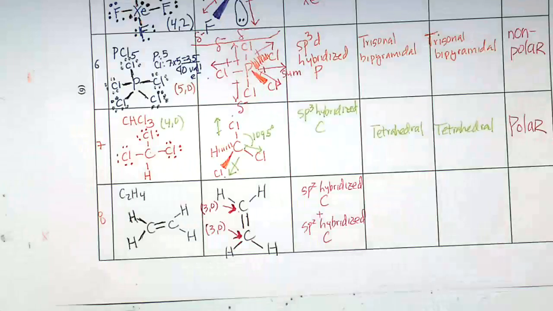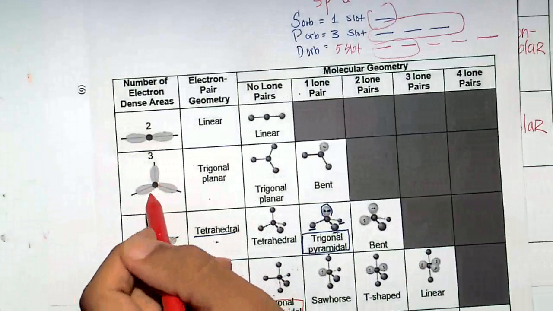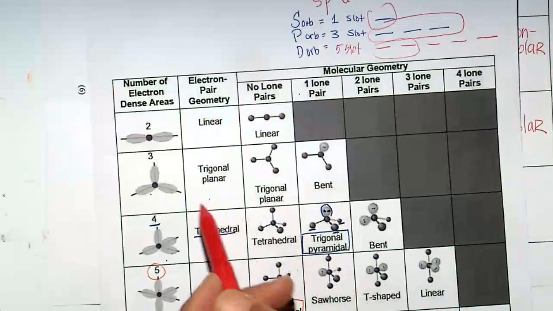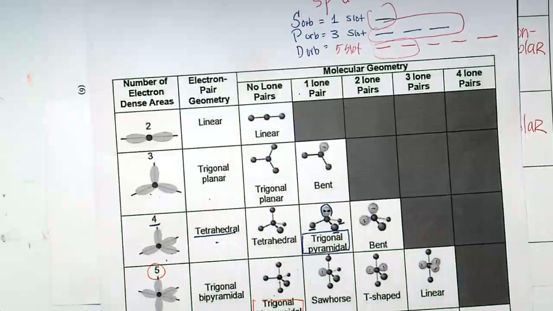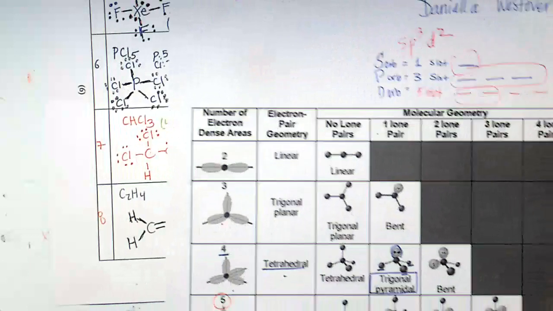All right, you guys agree this is trigonal planar? Okay, 3 bonds and 0 lone pairs for one carbon, 3 bonds and 0 lone pairs for the other carbon. This is trigonal planar.